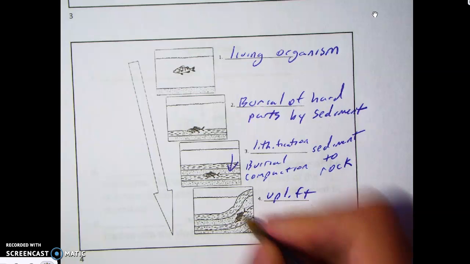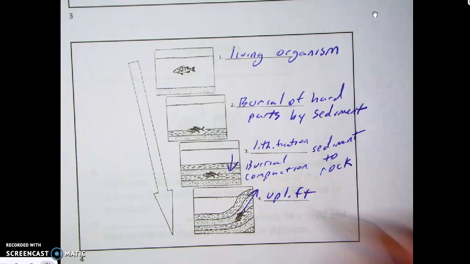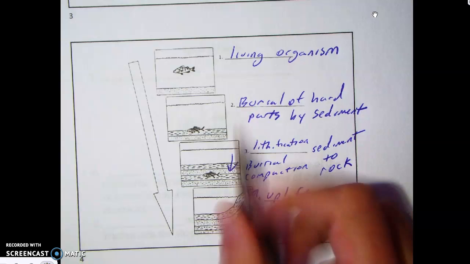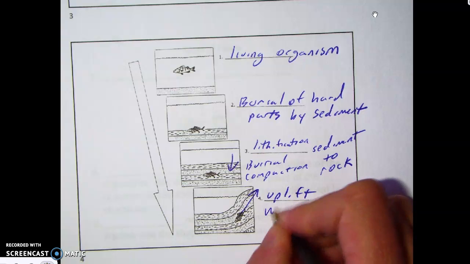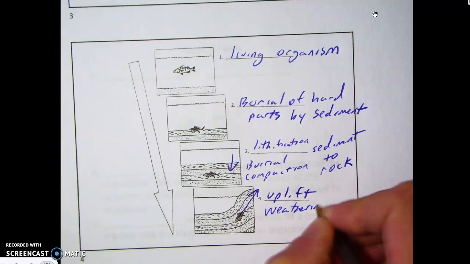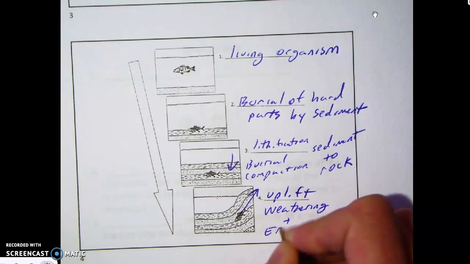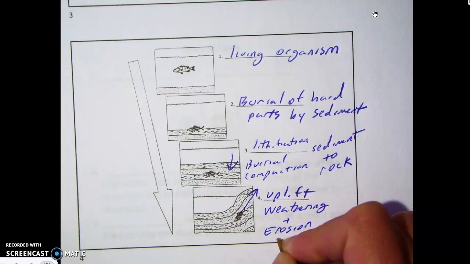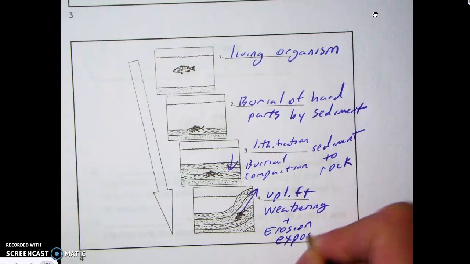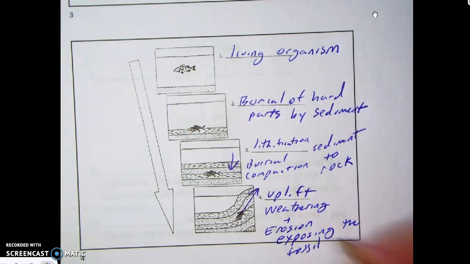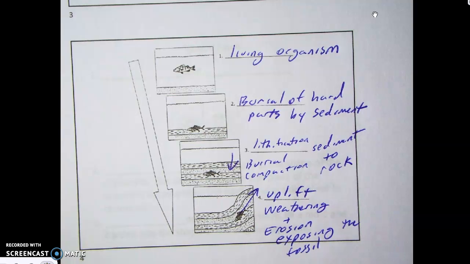And then that would be the fossil being brought up due to tectonic processes back onto land, in this case. And eventually we have weathering and erosion exposing the fossil. And then we have to have a lucky person happen to walk by and find it and pick it up and collect it.